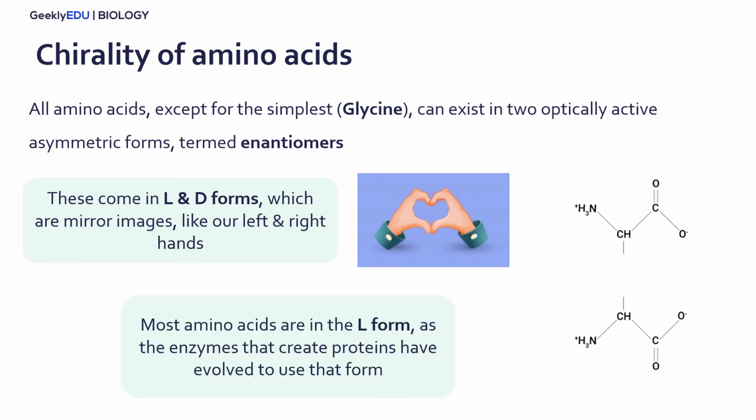And most amino acids actually are in the L form, as the enzymes that evolved to create proteins are more regularly used to create that form. But it's also helpful to have the D form as well, as a lot of the biochemical processes will have different uses for the different forms in our bodies.